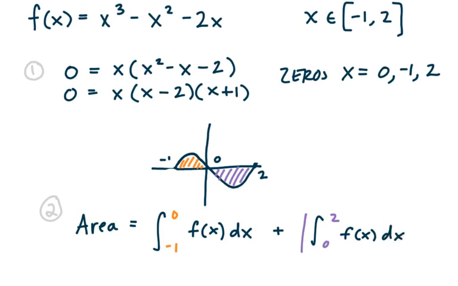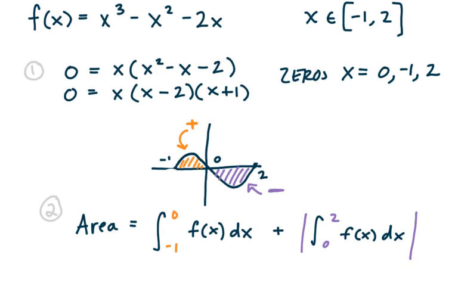All right, so I have to use that absolute value because I know that the area between the curve and the x-axis, when it's below, is going to give me a negative value. And I don't need to write absolute value for the first piece because I know that's going to give me positive. So my function is x cubed minus x squared minus 2x.